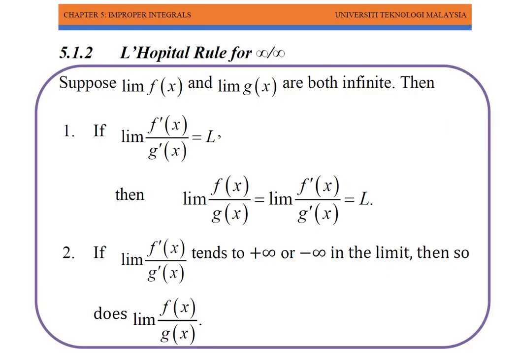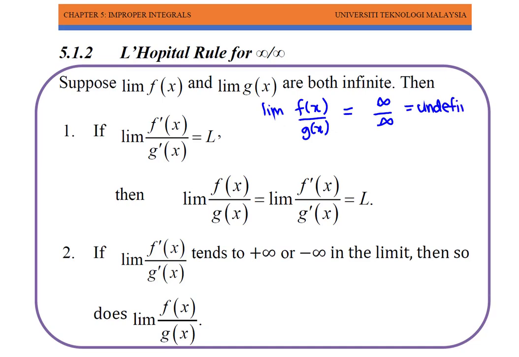Okay class, now we continue the next video 5.1.2, which is L'Hopital's rule for infinity divided by infinity. Let's say you find the limit of f(x) divided by g(x), and you get infinity divided by infinity, so this is undefined.